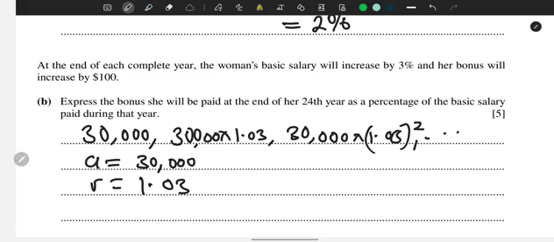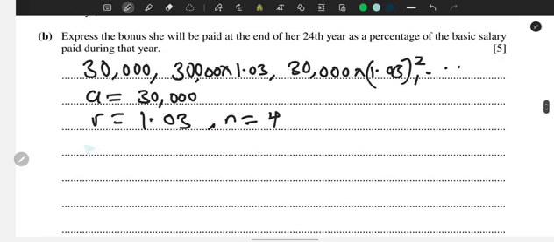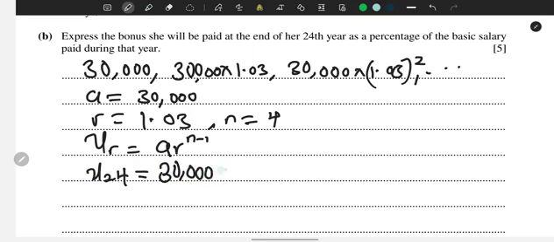Now, how many terms are we going to consider here? We are looking for 24 terms. Because it is the end of the 24th year, n is 24. So using the formula for GP, ar raised to the power of n minus 1, U24 will be, first term here is 30,000 times common ratio 1.03, raised to the power of 24 minus 1, that would be 23.